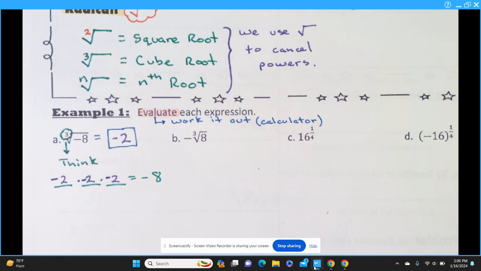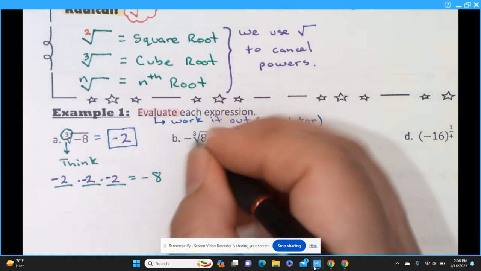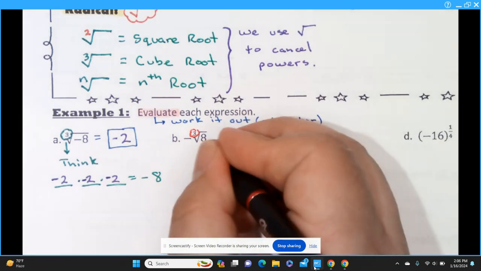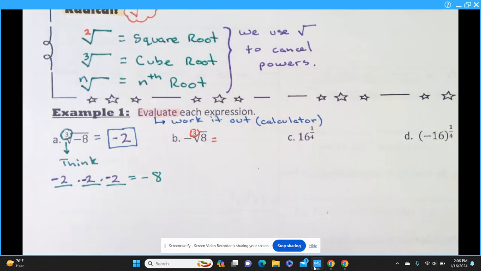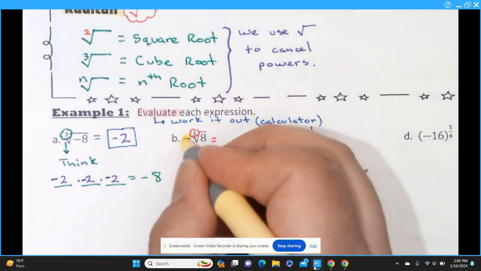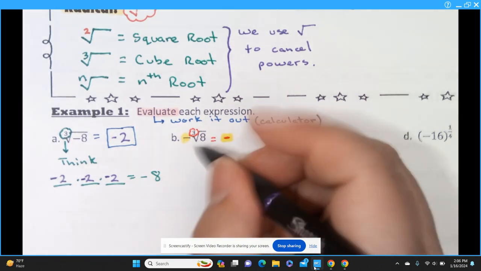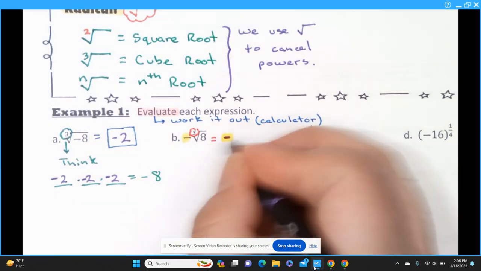Now, when I look at the next one, letter B, once again, I notice they have a power of 3. But this one does have a negative, but on the outside. Well, here's how you handle that. When you have a negative on the outside, write it down already. That's the first thing you should write down. Because it's still going to be a part of my answer since it's already there.